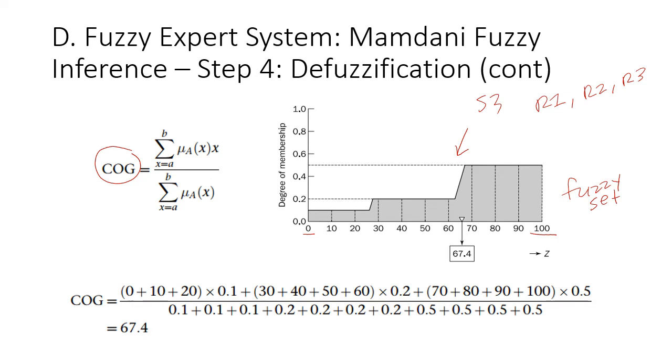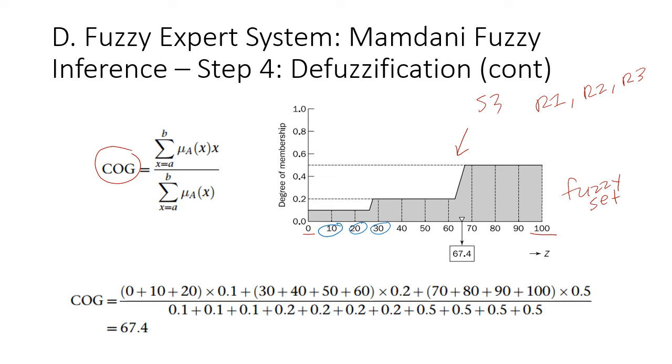So if you notice, our set is divided into sections of tens. Okay, 10, 20, 30 up until 100. In order for us to calculate the center of gravity, we need to do some calculation, and we need to consider the membership degree of all the sets.